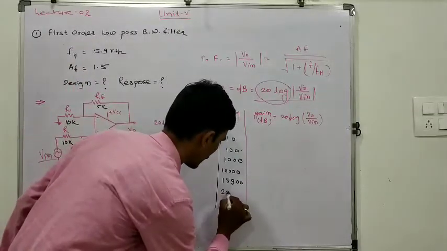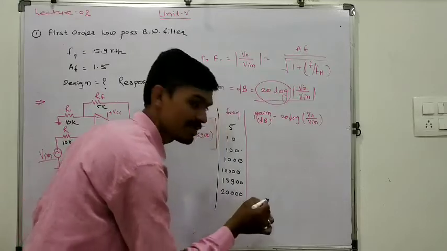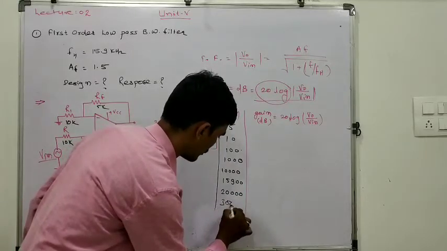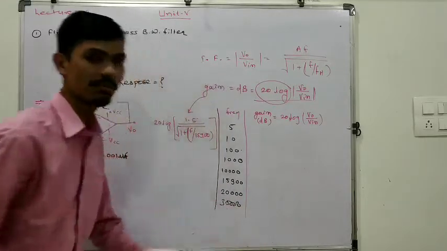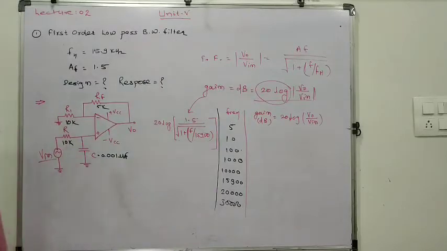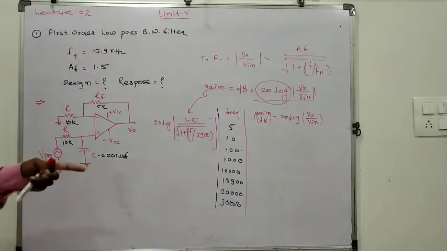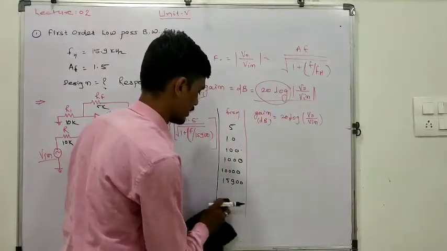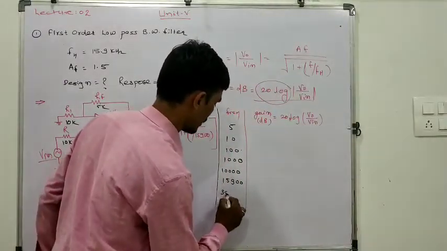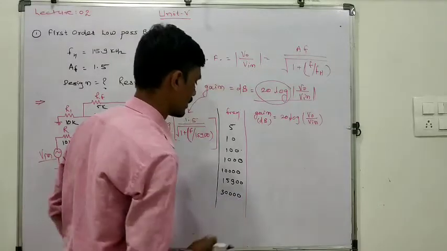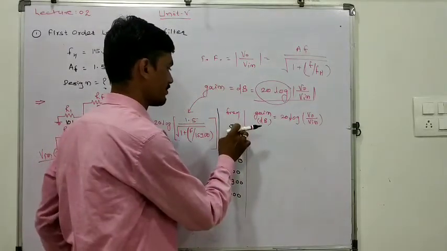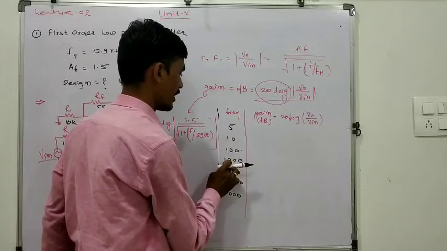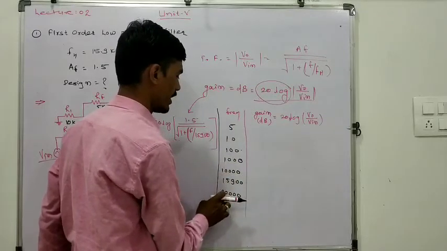Then 20,000, that is 20k. Then 30,000, that is 30k. So we have the frequency values 5, 10, 100, 1000, 10,000, 15.9k and 30,000.